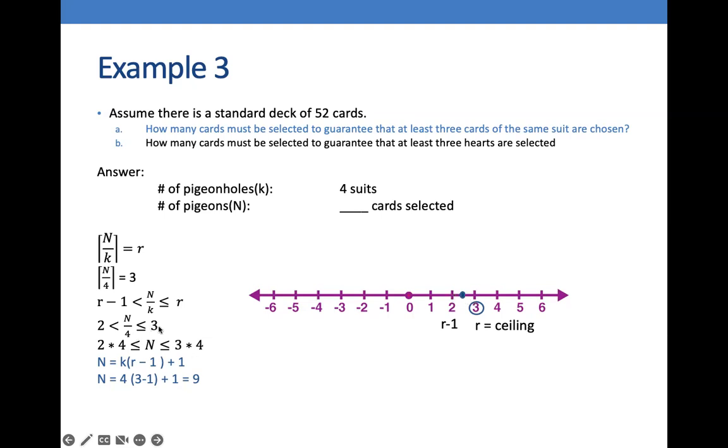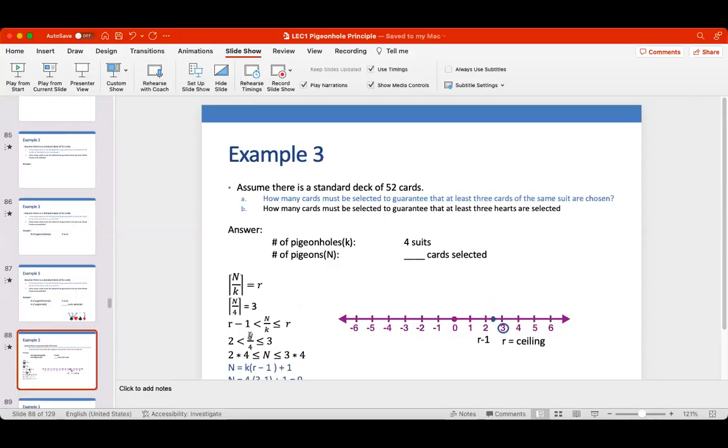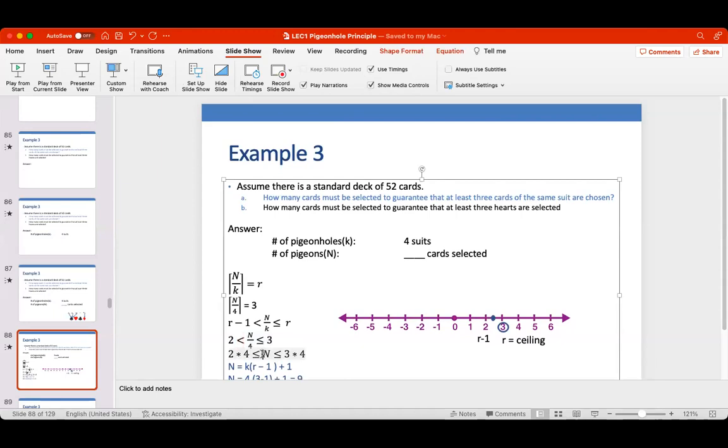Okay, so in order to get the value of n and essentially get the range of n, we just have to multiply this whole inequality by 4, and we'll be left with 2 times 4 less than n. Oh no, this should be less than. Sorry. This should be less than.